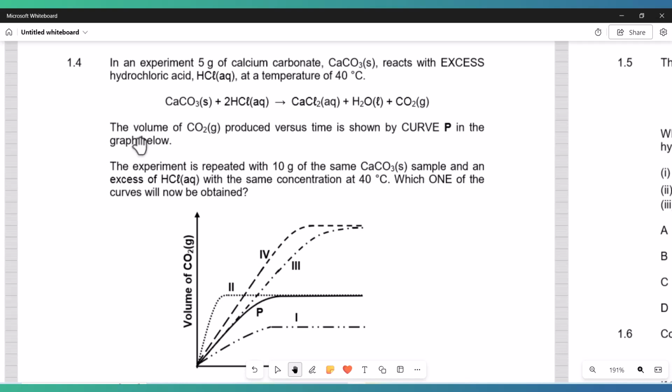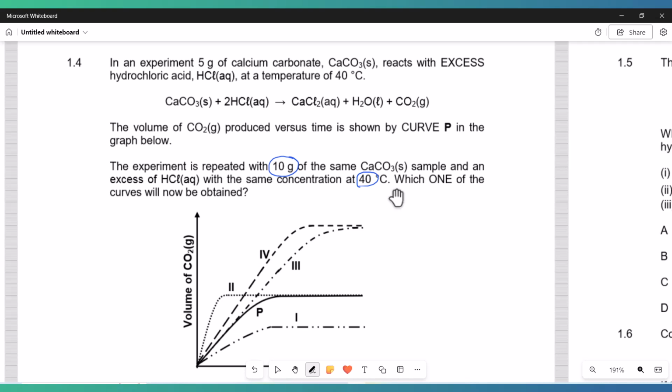Then they said the volume of carbon dioxide gas produced versus time is shown by curve P in the graph below, which is the solid curve. Then the experiment is repeated with 10 grams of the same calcium carbonate sample and an excess of HCl with the same concentration at 40 degrees Celsius. So in this case, the temperature is maintained, but we have more calcium carbonate. Here we have 10 grams.